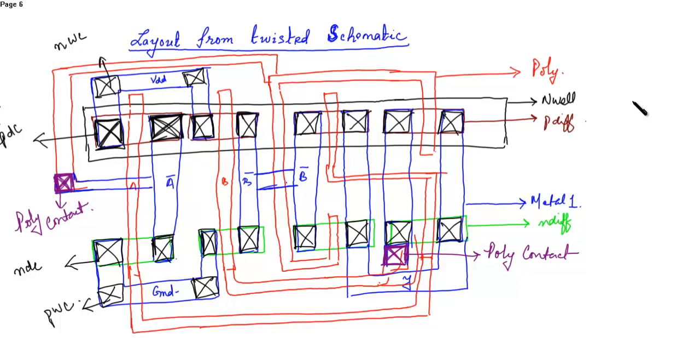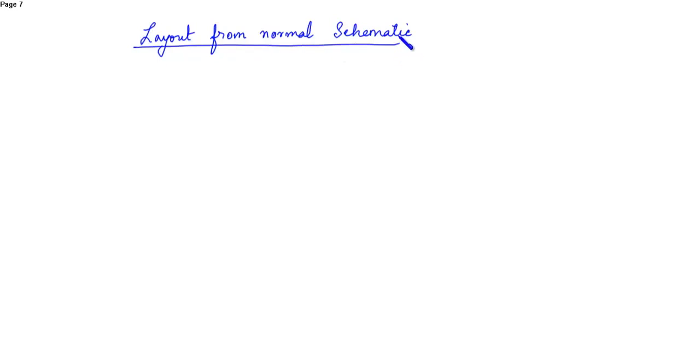So you can see the next lecture in order to see the layout in Magic. Now let's see the layout from the normal schematic diagram. In order to draw the layout from the normal schematic diagram, this area will not be sufficient. So we can do one thing.